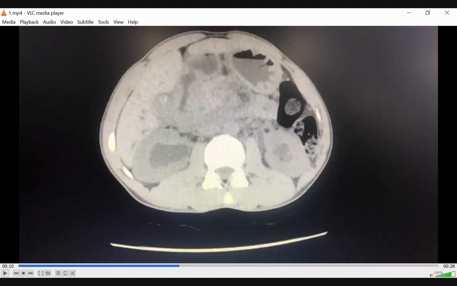What is this? Why is this looking all glassy and grey and white? It's not how we usually see, isn't it? Yes, sir. So, is something wrong here?